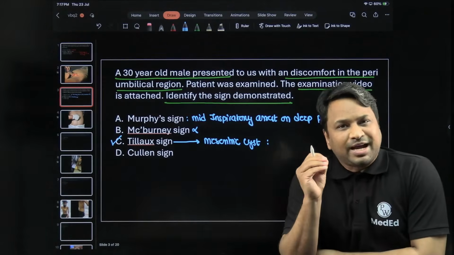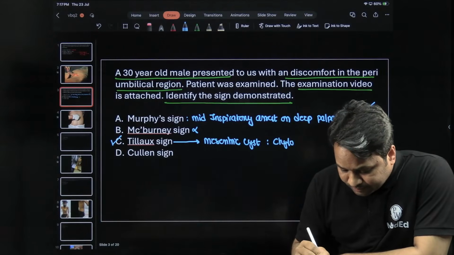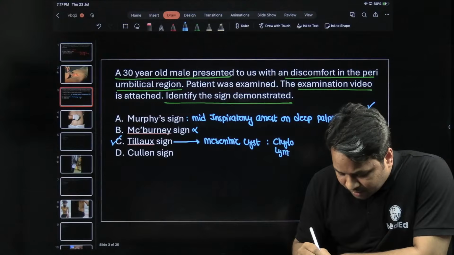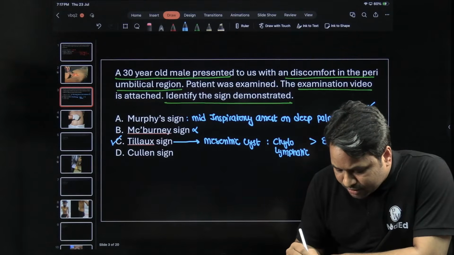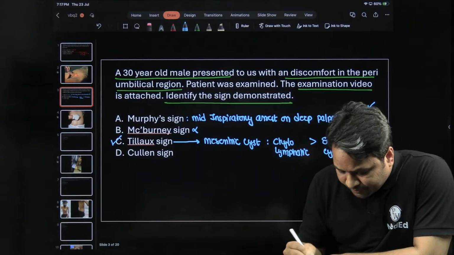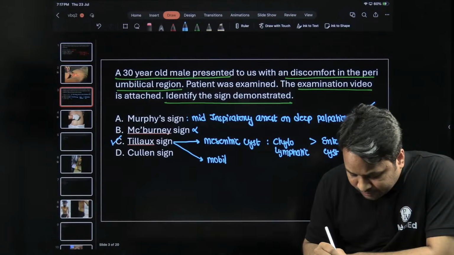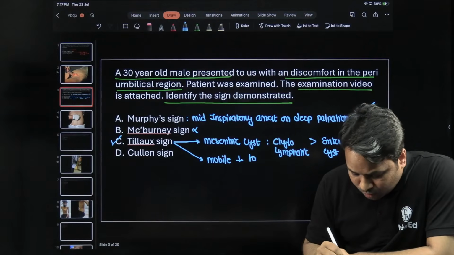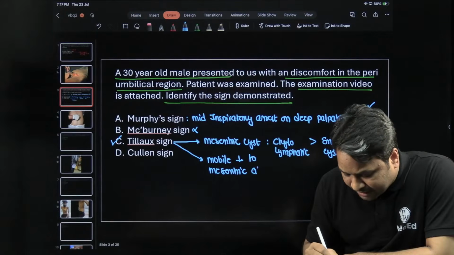You have two types, chylolymphatic and enterogenous, and the chylolymphatic is more common when compared to the enterogenous cyst. Now, in the Tillaux sign, you will see that the swelling is mobile perpendicular to the mesenteric attachment.